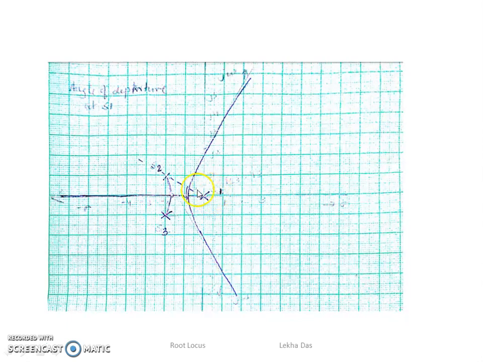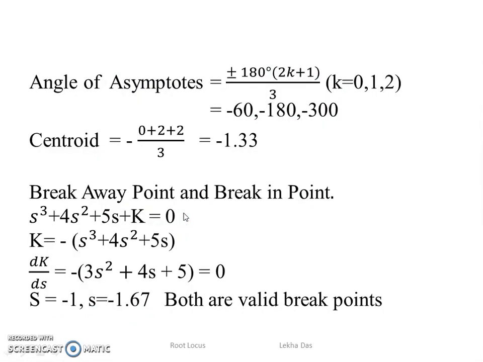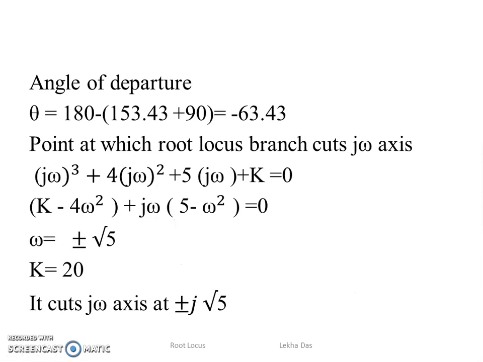So the angle contributed by this pole is minus 153.43, and from the complex conjugate pole it will be minus 90. So 180 minus the sum of these two gives you minus 63.43.